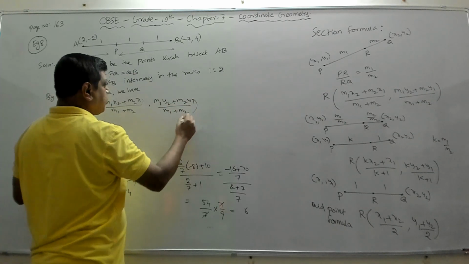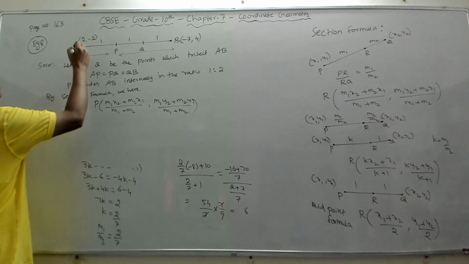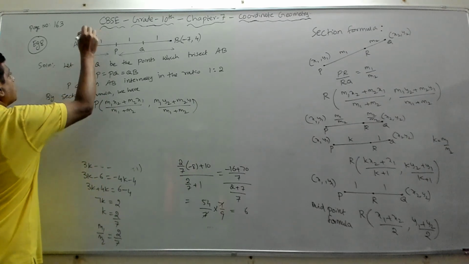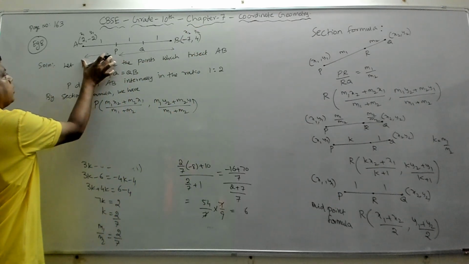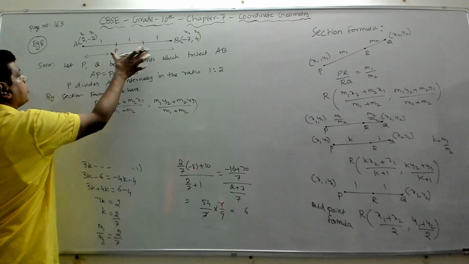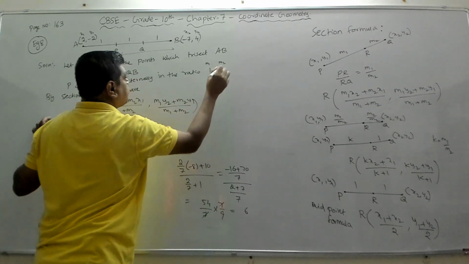So this is our section formula. Now here this is your x1, y1, this is your x2, y2, and this is your m1, which is 1, and your m2 is 2.